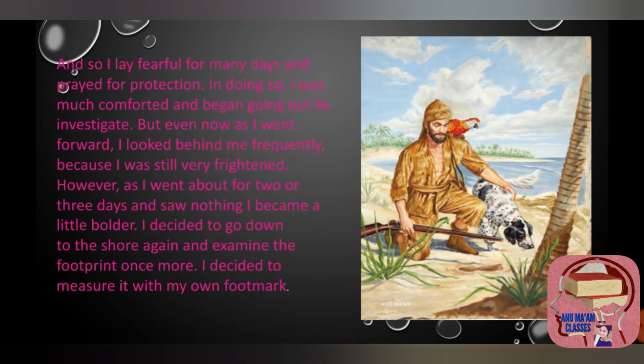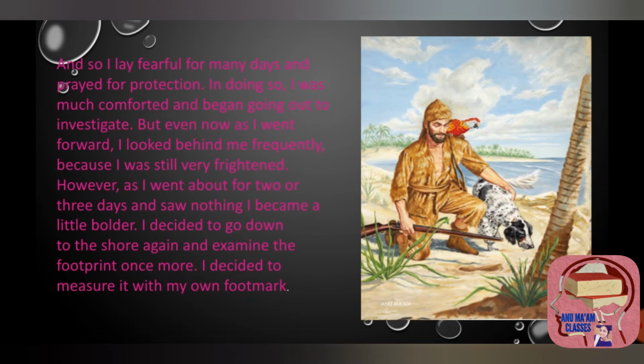But even now, as I went forward, I looked behind me frequently because I was still very frightened. However, as I went about for 2 or 3 days and saw nothing, I became a little bolder. I decided to go down to the shore again and examine the footprint once more. I decided to measure it with my own footmark.